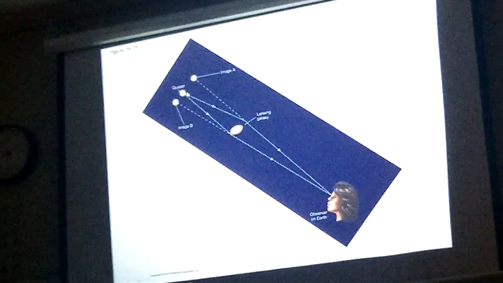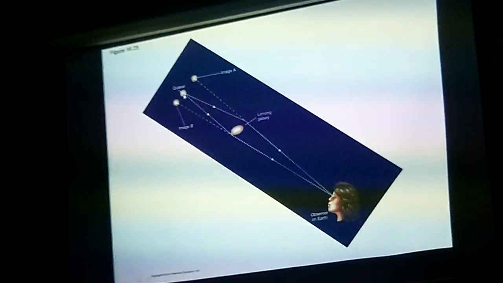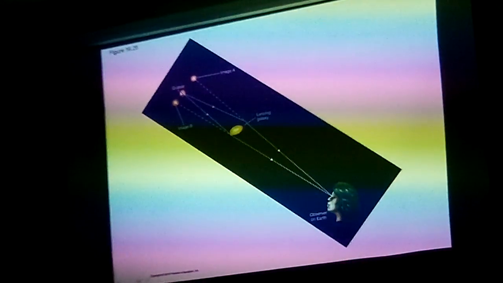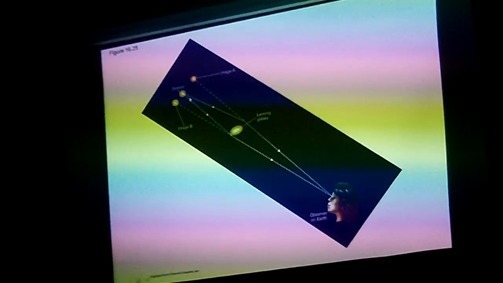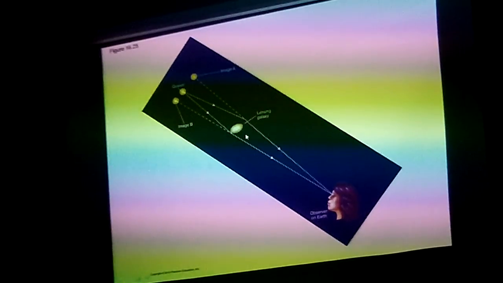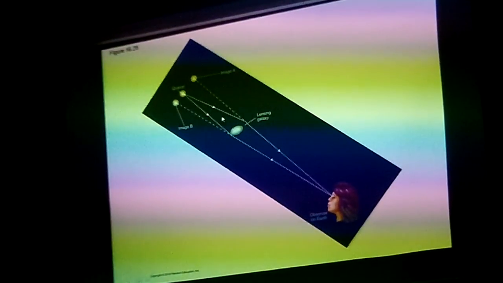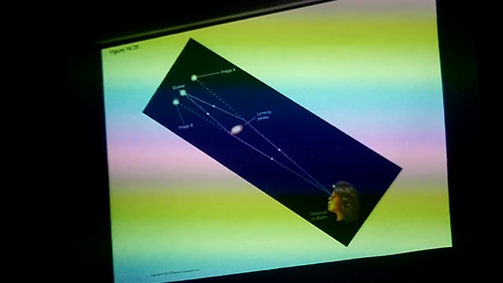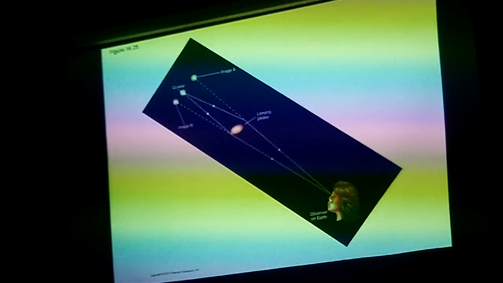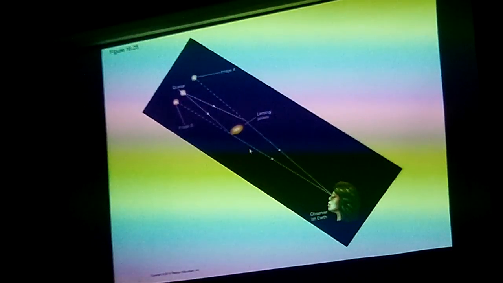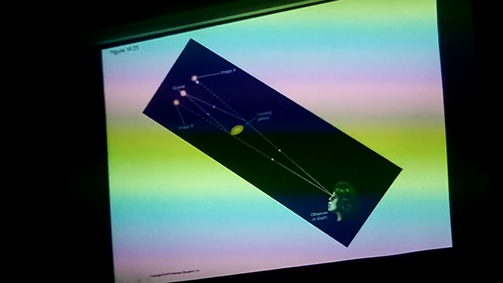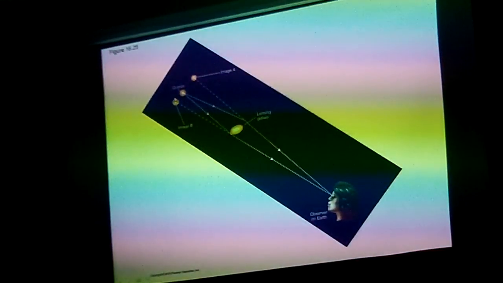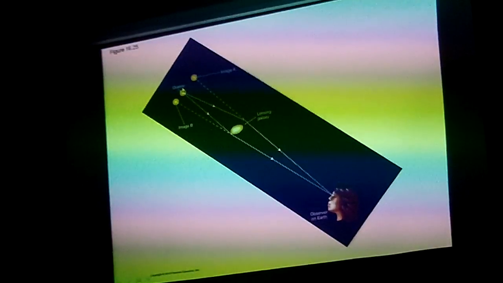Here's a far-off quasar, which is an active galaxy that's emitting a lot of light. The light from that quasar goes around an object, another galaxy, and is lensed and comes back to the eye of the observer, and the observer will see two separate images, but it's actually a single image.